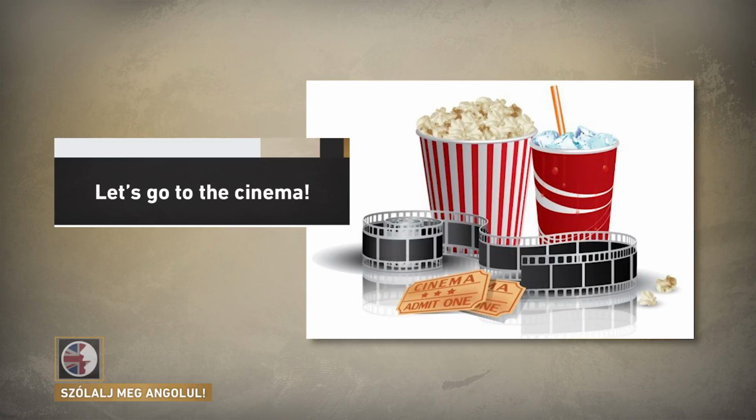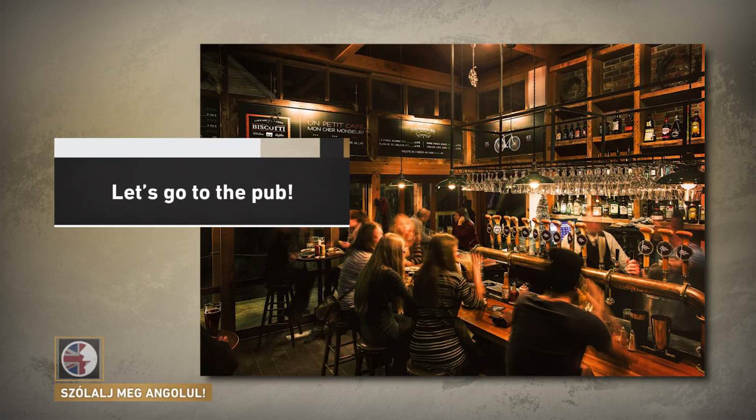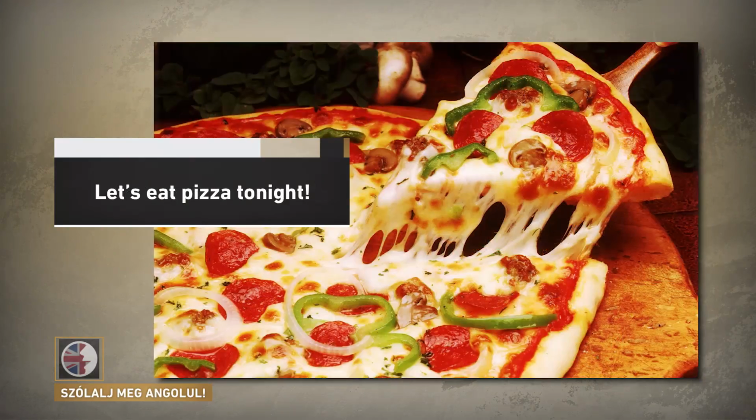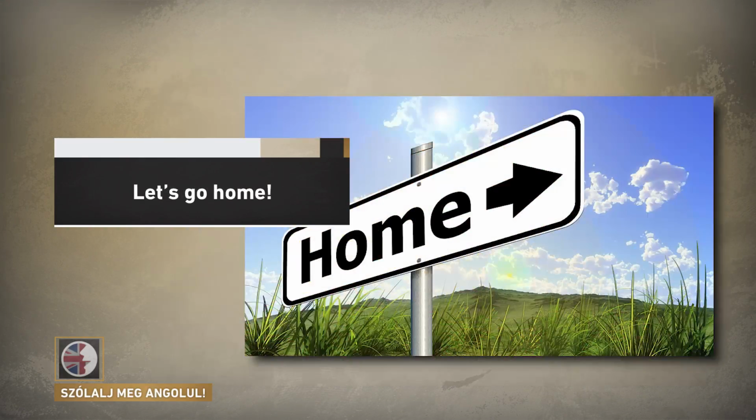If we're standing in the street and we're trying to think of something to do, then someone might say, let's go to the cinema, or let's go to the pub, or let's eat pizza tonight, or let's go home. All of these sentences are examples where we're using the imperative to make a suggestion to the rest of the group. We're suggesting what we should do.